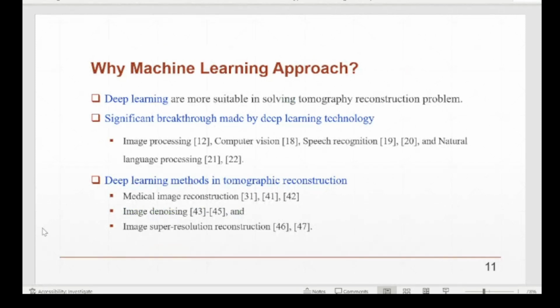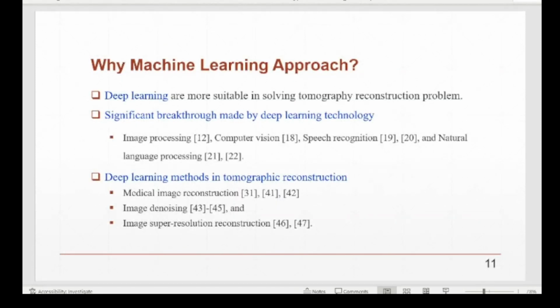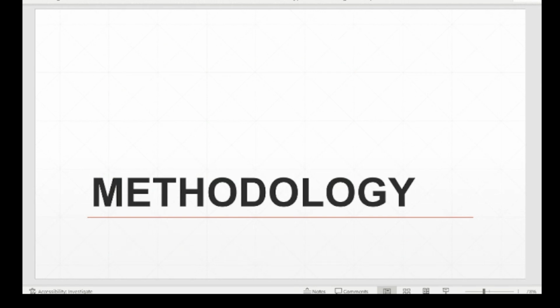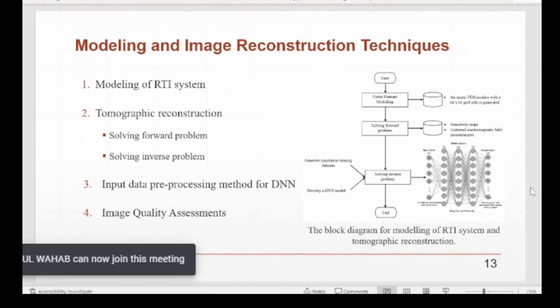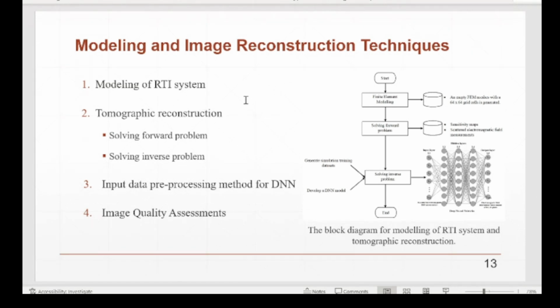So this is our methodology on how we reconstruct the image. Number one, we have to do the modeling of the RTI system. Here we can do the modeling using an image sensitivity matrix, or what we call forward problem solving. In tomographic reconstruction, we basically have two problems, which are forward and inverse. The forward problem is to estimate the radiance of the radiation from the sensor using finite element analysis.